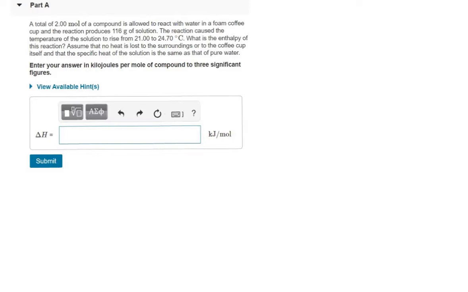So we have a reaction here where substance X plus water react in such a fashion that they yield compound Y. We don't know what compound they yield, but we know that there's a change in enthalpy, and that's what we're going to solve for.